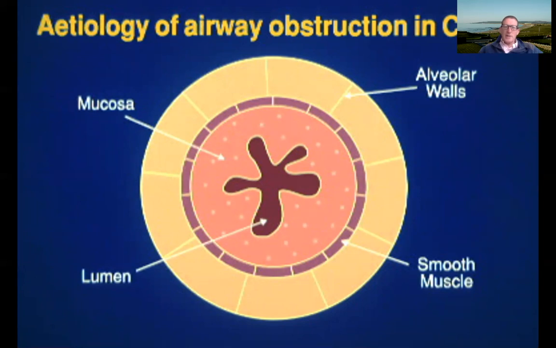And then around that, this pink area, this is meant to be a schematic cross-section of the spiral smooth muscle around the airway, which if that goes into constriction will also narrow the lumen. And finally, and this bit only appertains to COPD, is that there are alveolar wall attachments to the airway, to the bronchi and the bronchioles, and these keep the airway open. So if you lose the alveolar walls in a process known as emphysema, then the whole airway collapses like a concertina.